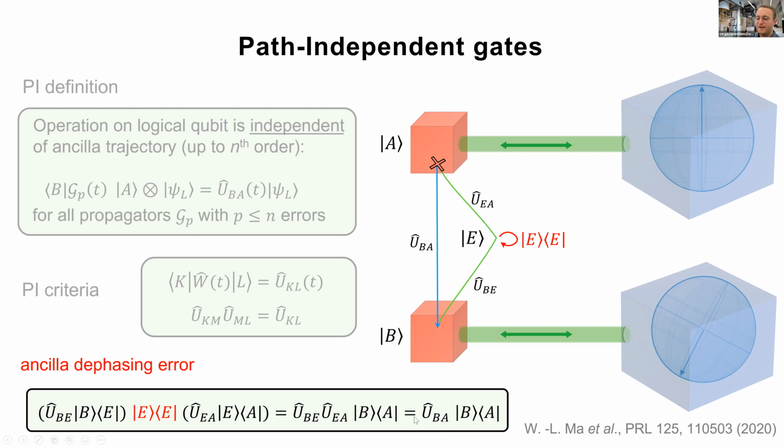So you end up with the same gate U_BA, even in the presence of this projection. And you can convince yourself that no matter how many times you apply this kind of projection, no matter to what state, the evolution from A to B always corresponds to the same logical operation.